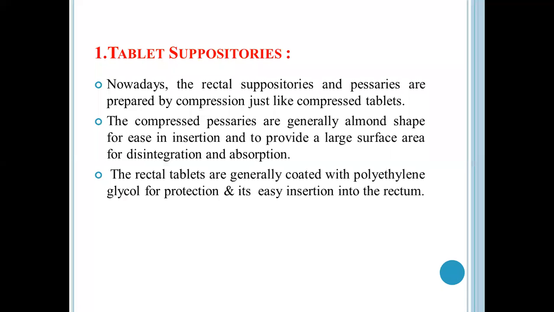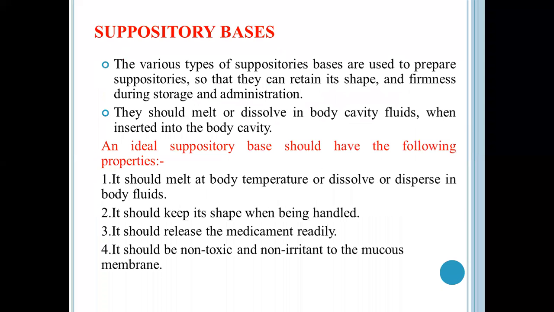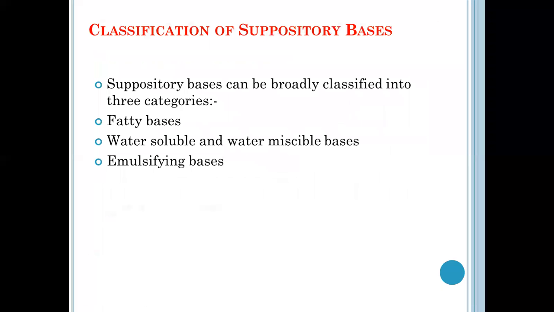Tablet suppositories means they are prepared like tablets, but their medicaments are different. While preparing suppositories, suppository bases are also used in the formulation. The main things are the suppository base and the active ingredient.